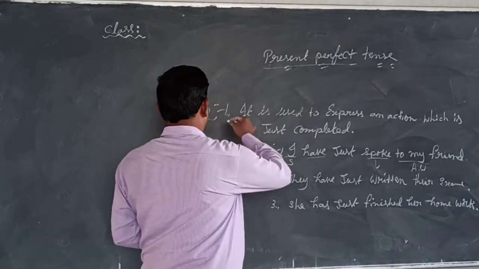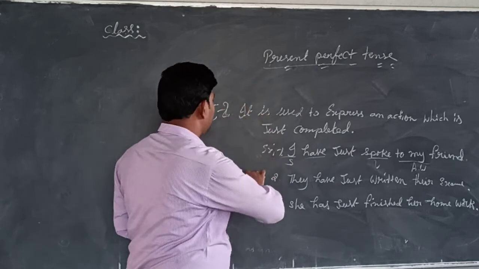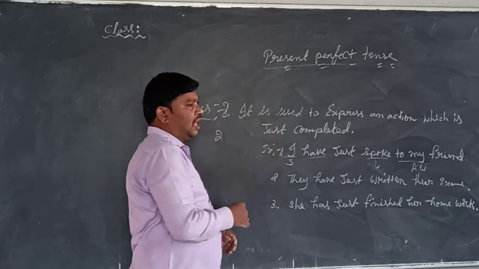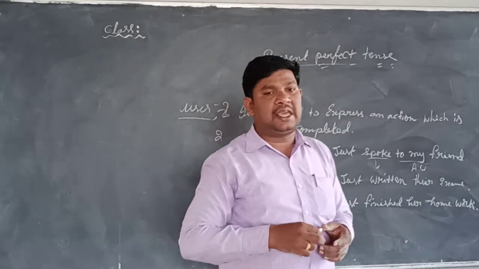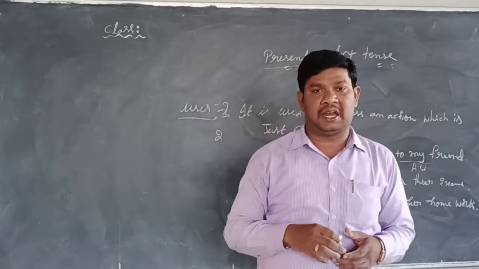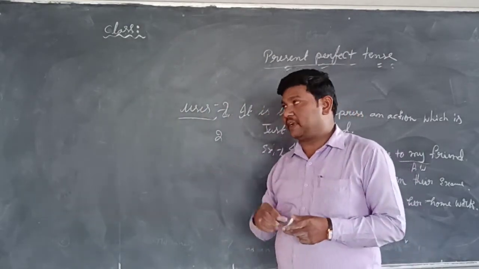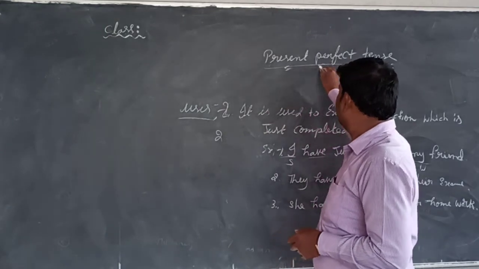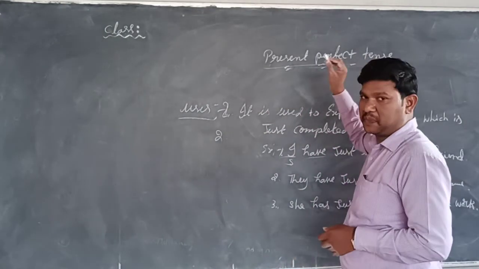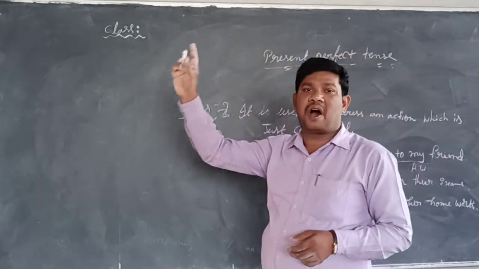And also the usage 2 is there. Another usage. It is used to express a timeless past action. Present perfect tense is also used to express a timeless past action.